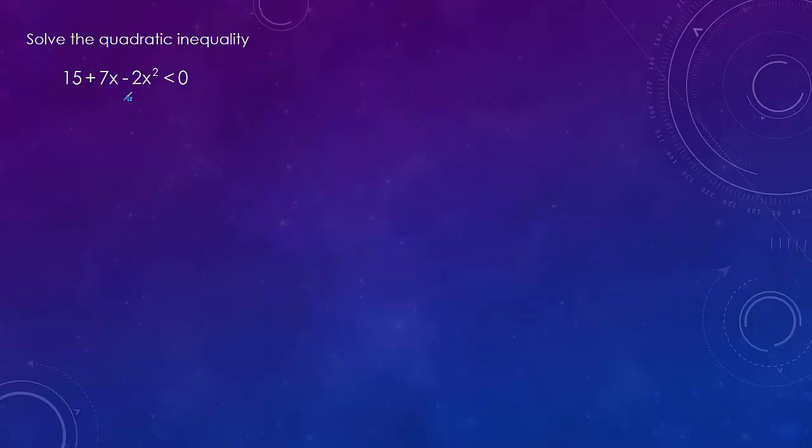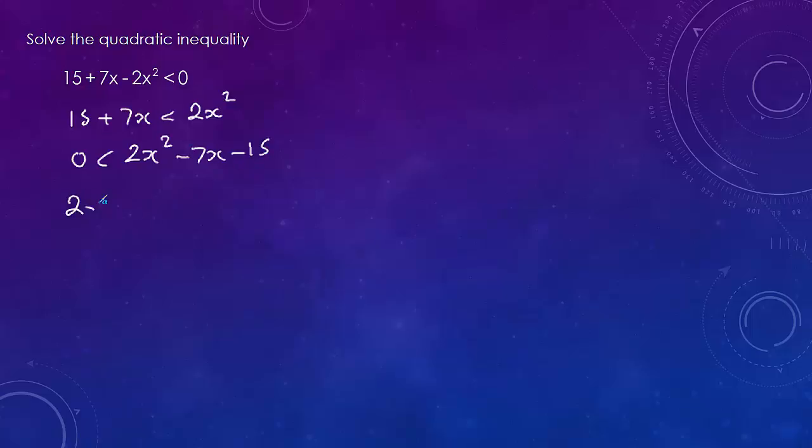So if we add 2x squared to both sides, we've got 15 plus 7x is less than 2x squared. And then you can see what's going to happen. I'm going to subtract 7x and subtract 15 from both sides. So we get 0 is less than 2x squared minus 7x minus 15.